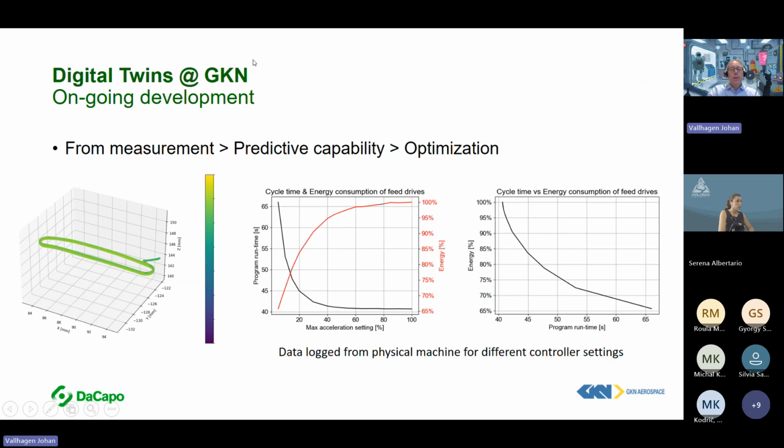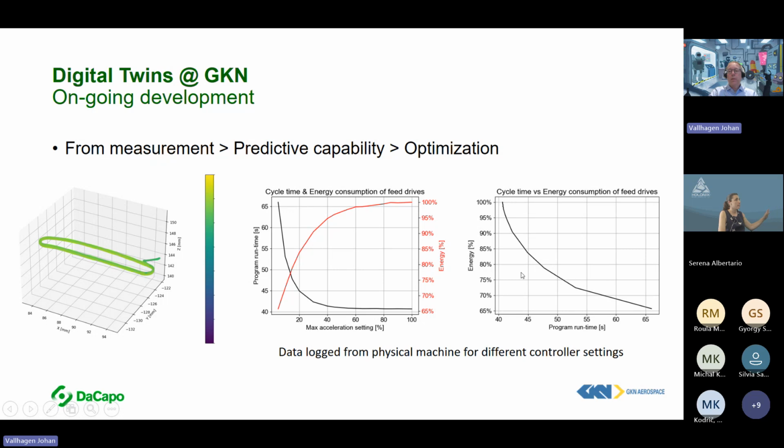So here are some detailed examples that you can study with this type of approach. If you have a trajectory or several trajectories machining a certain geometry, you can compare, for instance, different machine system settings. In this case, the limit of maximum acceleration set on the feed axes of the machine, and you can see what impact it has on the energy consumption.